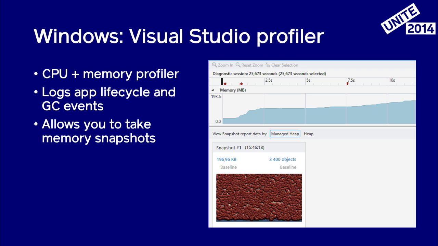That will tell you exactly what's causing the GC pressure and how to reduce it. Here's how it looks on our first benchmark. There's just loads of little objects on the screen, and we had 3,400 objects allocated that took almost 200 kilobytes.